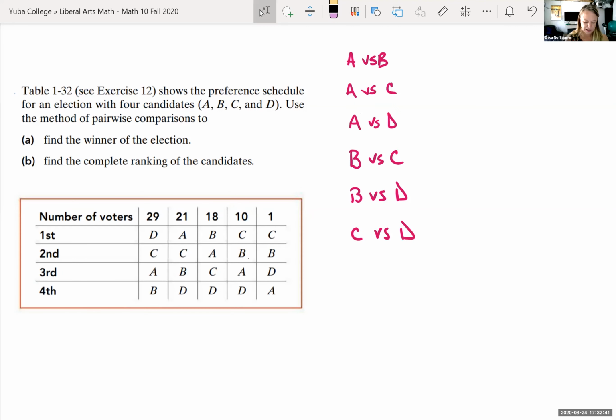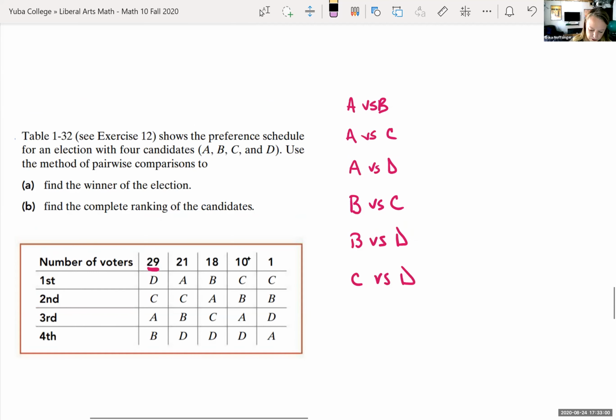Okay, so if I'm looking at these votes, I want to see who was the winner between A and B. Getting rid of the other ones, A won here, 29 votes out of 29 votes. So here, they get 29.